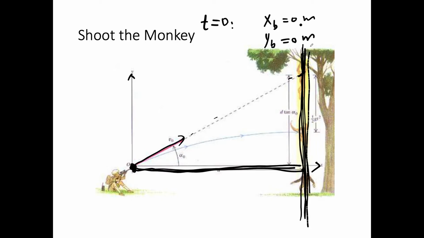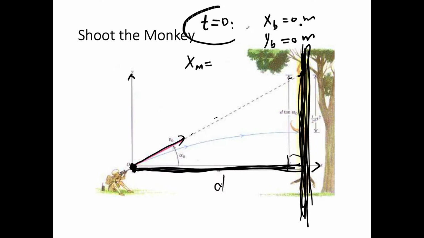The monkey is going to move along this vertical line, right? So we draw a vertical line, and we say this distance is d. So the x coordinate of the monkey at t equals 0 is d meter, and the y coordinate, let's just call it h. The y coordinate of the monkey at t equals 0 is h meter.